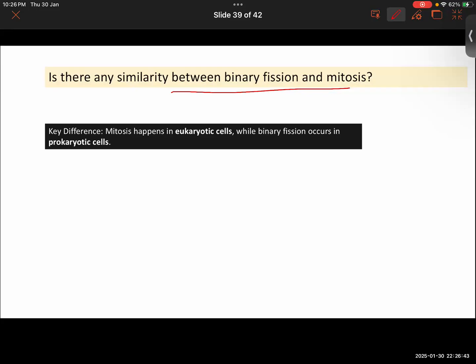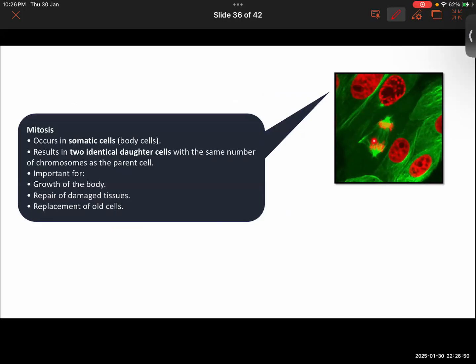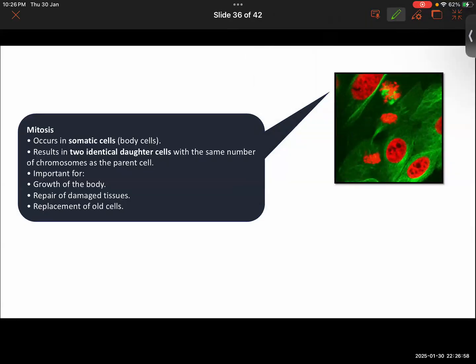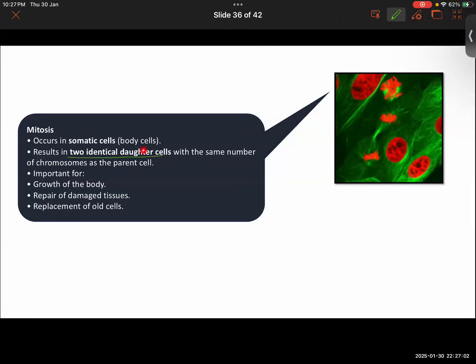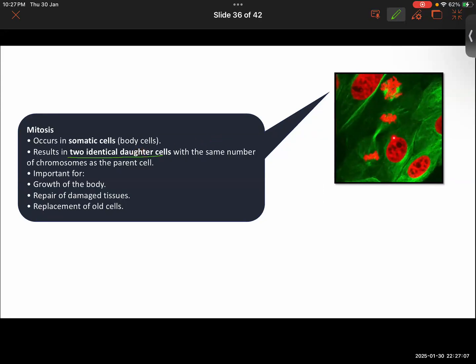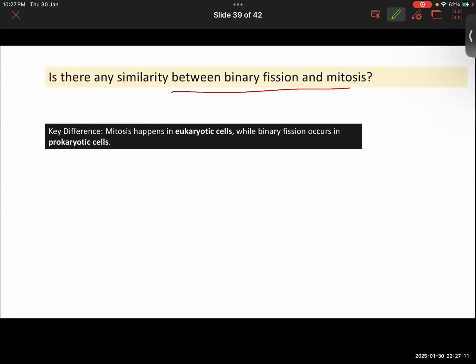And in the case of mitosis also, as you can see here, the parent cell splits up into two daughter cells which are identical to one another, right? So mitosis also gives out two identical daughter cells. As you can see here, the red blood cell is dividing. Similar to that, here also two identical daughter cells are given in case of binary fission. So that is one such similarity between them.